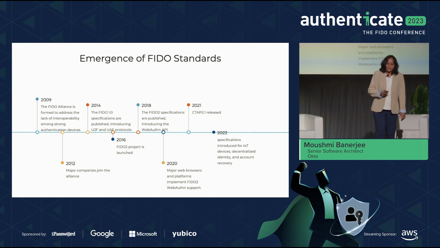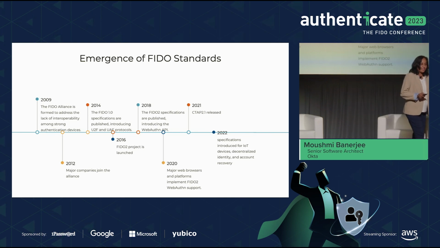Here's a look at the timeline for the emergence of FIDO standards. It started around 2009. 2018 is when FIDO2, which is widely adopted today, was published. It's been a long journey. In 2023, we've seen the rise of passkeys.